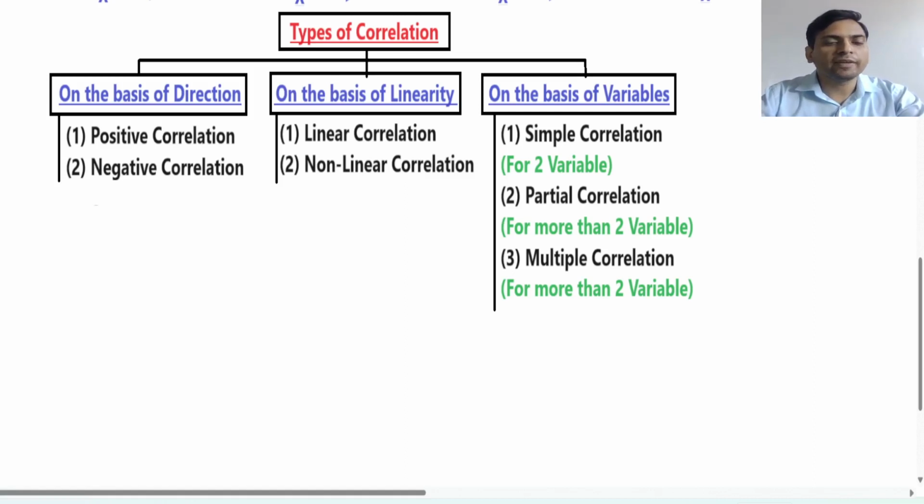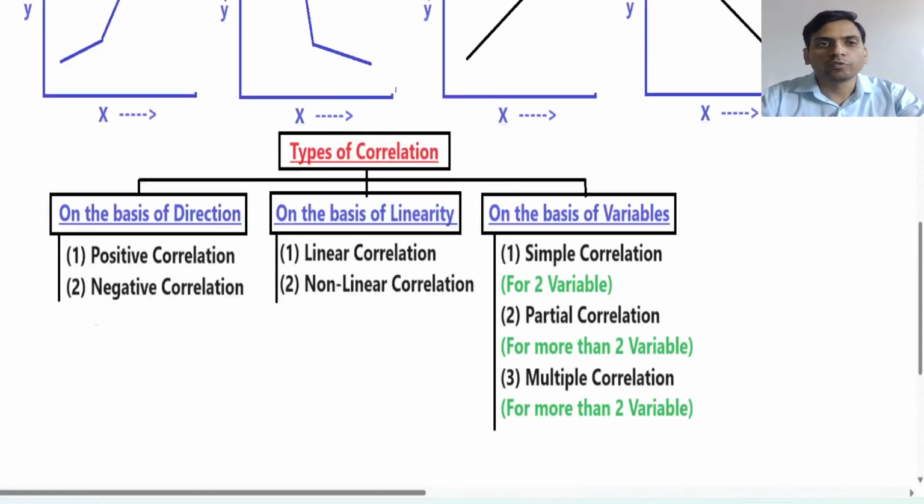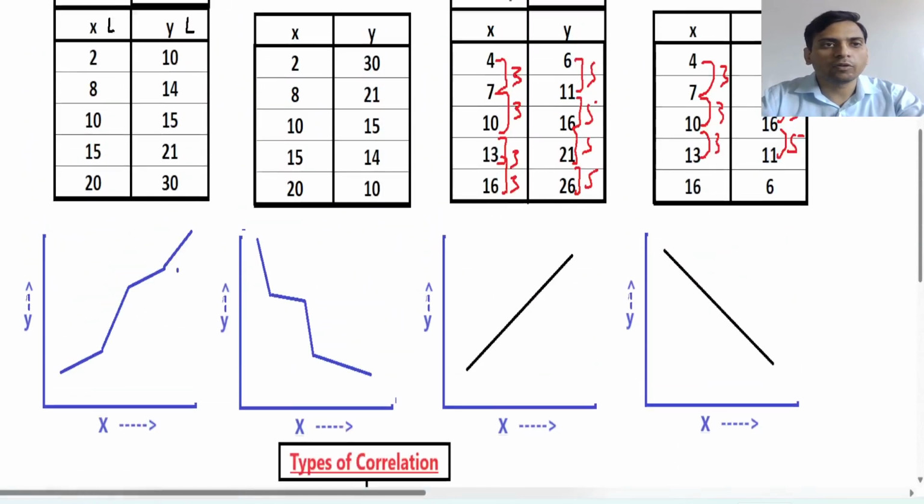So on the basis of direction, there are two types of correlation. First is positive correlation and second is negative correlation. So we will see with the help of this graph.